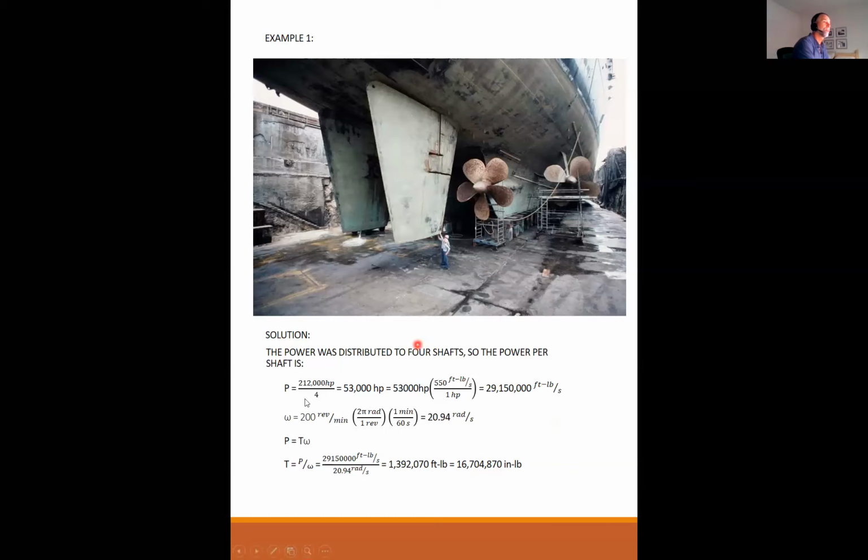That's the applied torque. So if the shaft was 24 3/8 inches, then c is equal to that over 2, which is 12.188 inches. So my polar moment of inertia is pi over 2 times c to the 4th, which is 34,662 inches to the 4th.